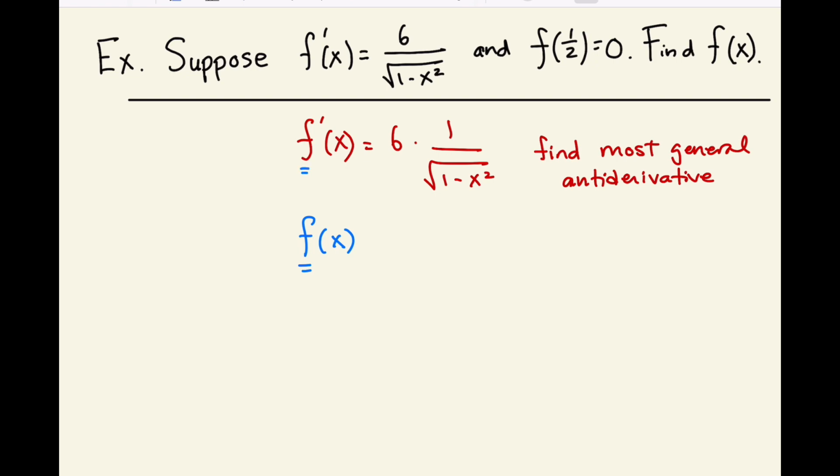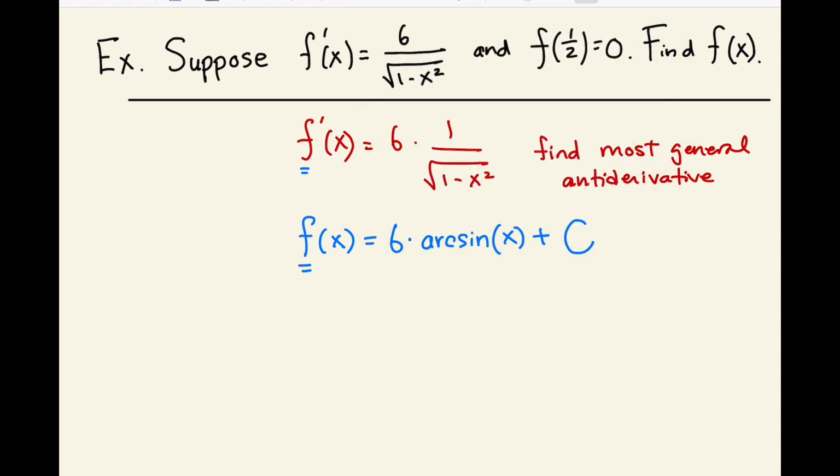So we are changing notation from what we did before, but this is going to be 6 times arcsine of x plus c. So my first step is to find the most general antiderivative, because that's the first step before I look for a specific or a particular antiderivative, which I know that I need to do because of this condition given here.